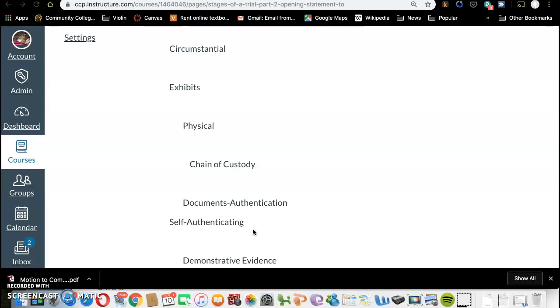At times, there are official documents. For instance, if you wanted to get a copy of someone's driver's license or a property deed or what have you, those can be self-authenticating. You'd check with a particular statute to see whether that item being sent to you with a seal on it would be properly authenticated.